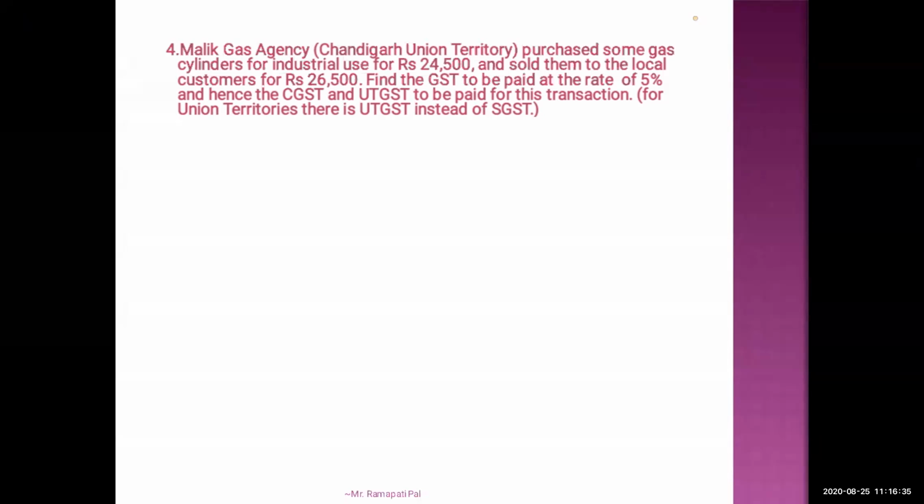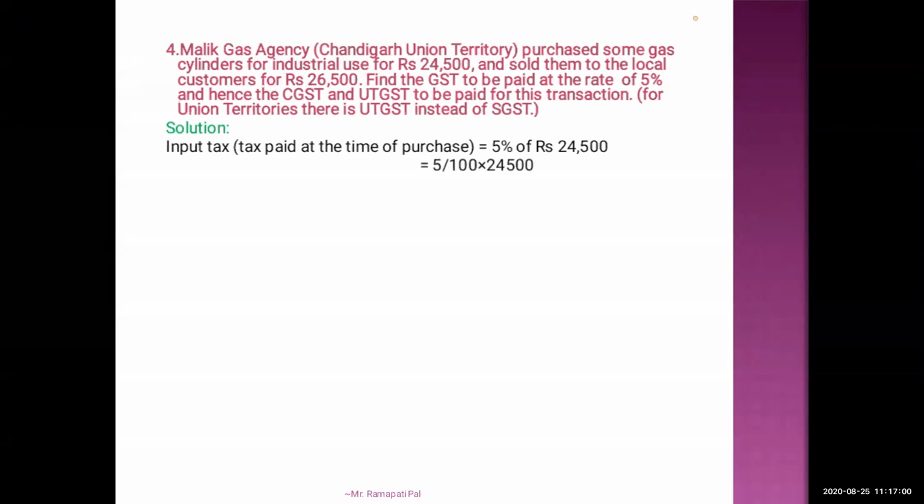Okay, let's see. Input tax, that is tax paid at the time of purchase, is 5% of rupees 24,500. 5% means what? 5 upon 100 into 24,500. So the 0s will be cancelled. Correct?